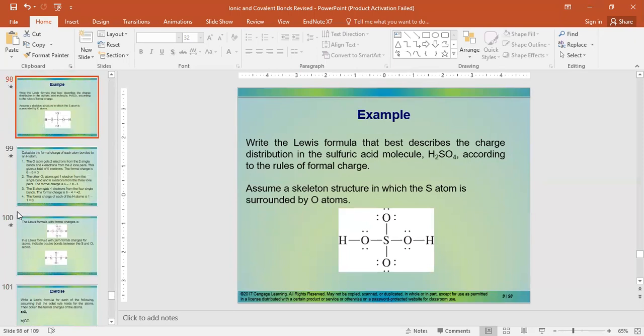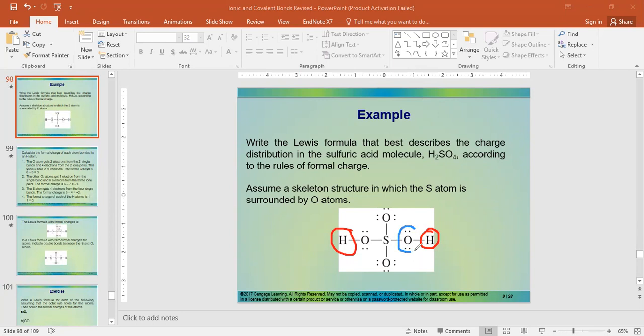This is sulfuric acid. We can try to calculate the formal charges. And let me use this color. That hydrogen and that hydrogen are the same, meaning that when we determine the formal charge of one, it will be equal to the formal charge of the other.